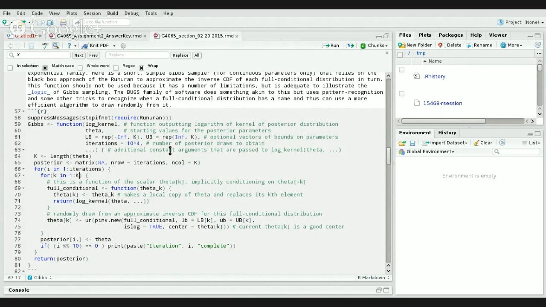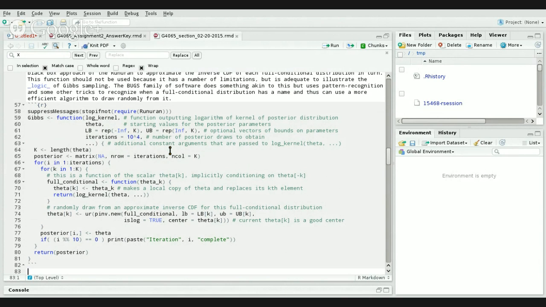Once we get to big K, that constitutes one sweep over all the unknown parameters, and that gives us one draw from the posterior distribution, and we're going to end up with iterations draws at the end, and then we just return our matrix of draws, and in principle, we have draws from any posterior distribution.